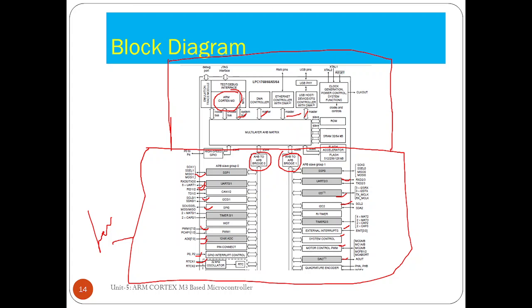Under the controlling there are USB, crystal oscillator, JTAG interface, ports, debugging, and this is the complete diagram of ARM Cortex-M3. If this diagram is asked in your exam, just make sure you mention some of these parts and the different peripherals which are available on chip.